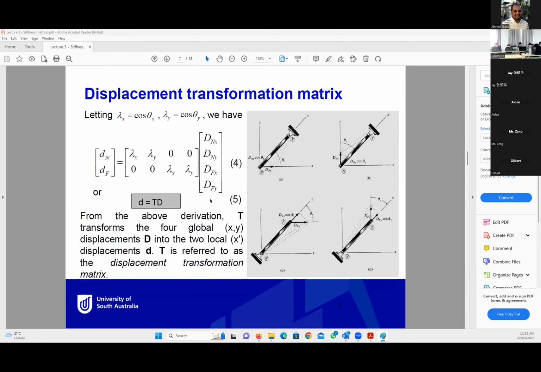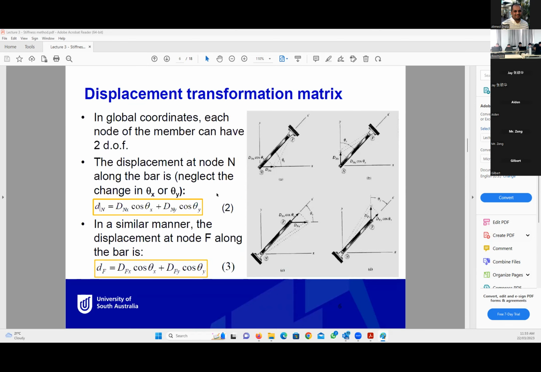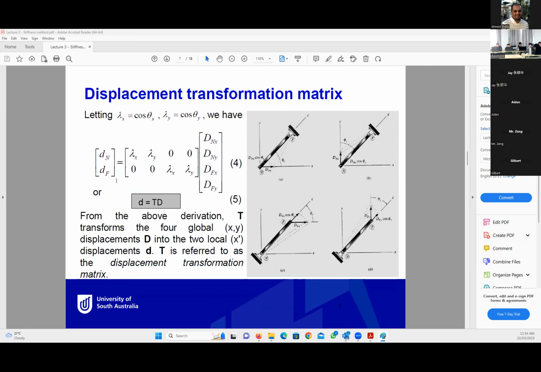So how can we get this? This is from the previous equation here. What we have done is just convert the algebraic equation formula to a matrix formula.